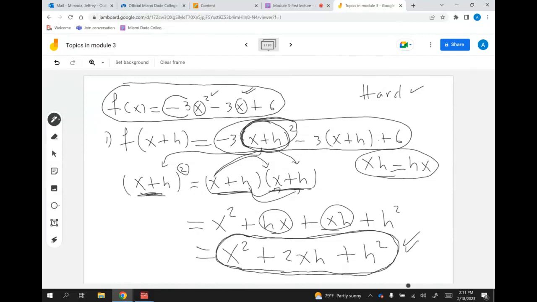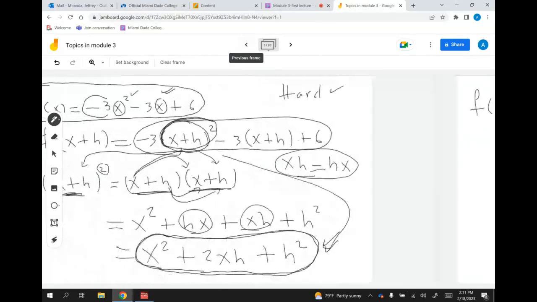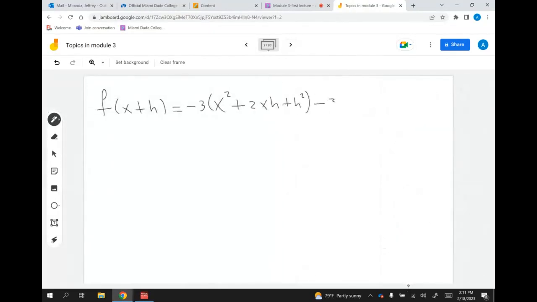This here is this part, the most difficult part. So now I'm going to write x squared plus 2xh plus h squared, close parentheses, minus 3 times x plus h, plus the 6.